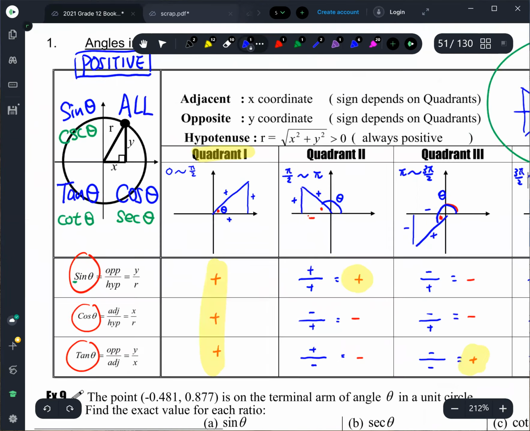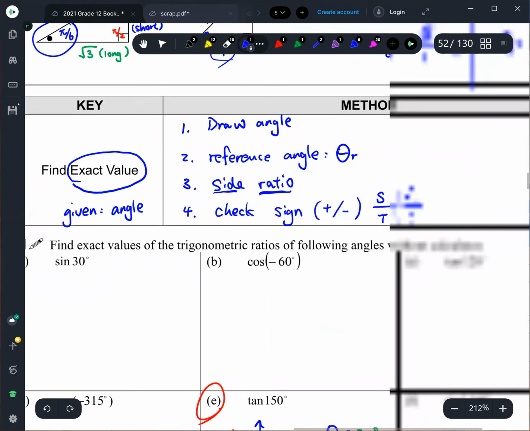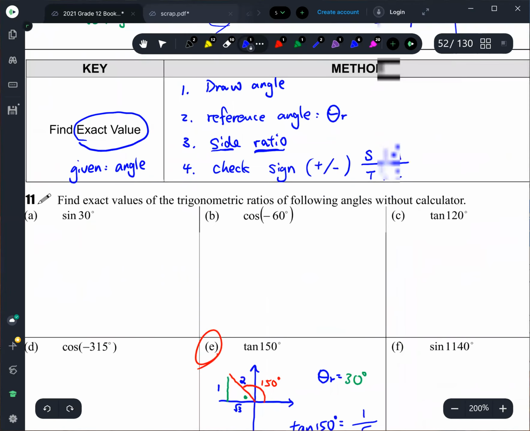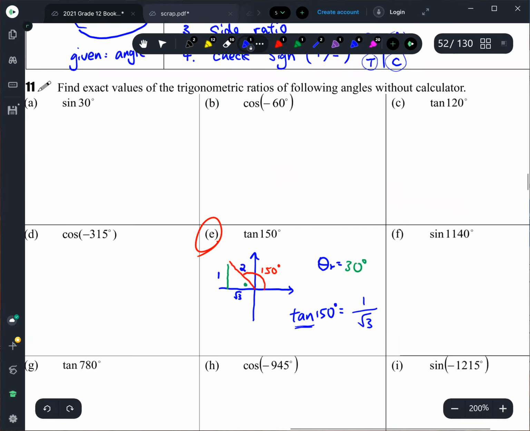This one. I think in grade 11, you probably used a sentence to memorize this: All Students Take Calculus. These 4 letters help you remember. And remember, sine and cosecant are in the same place, tangent and cotangent in the same place, cosine and secant in the same place.